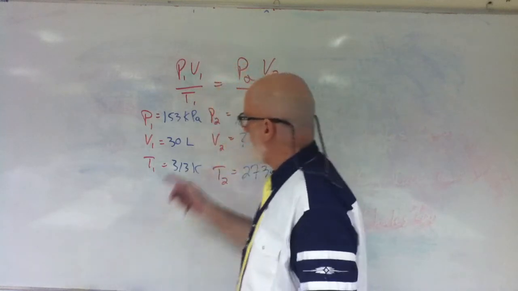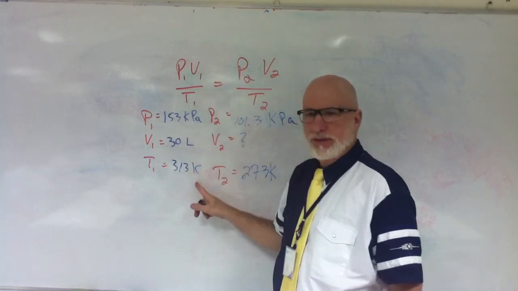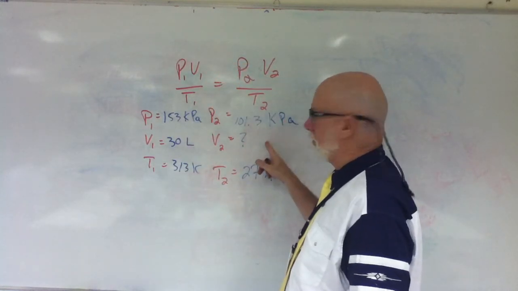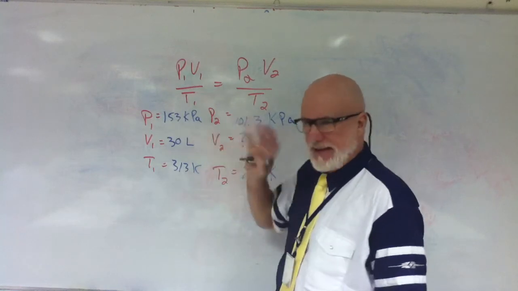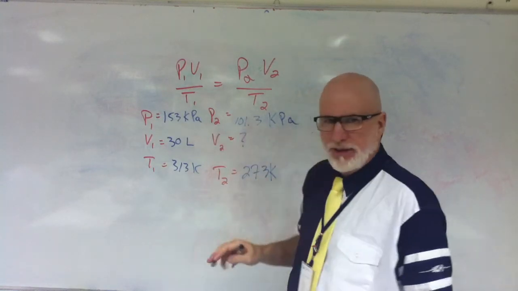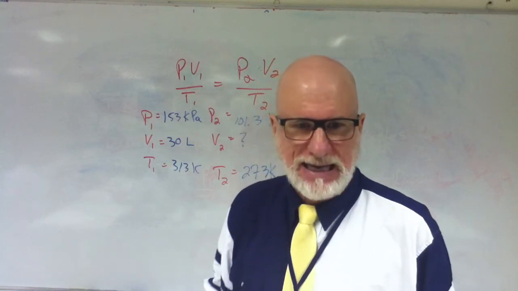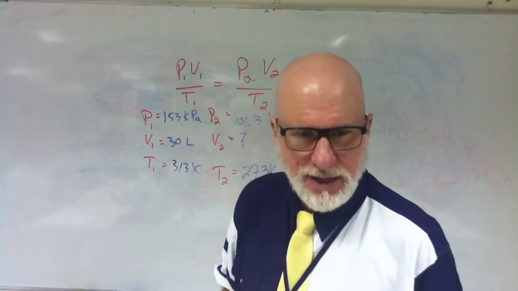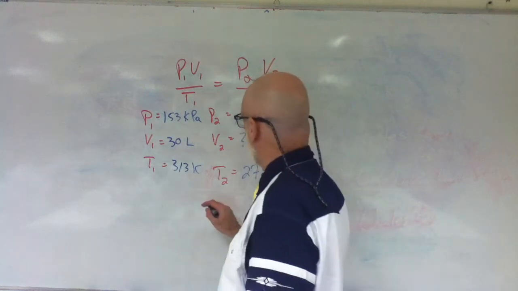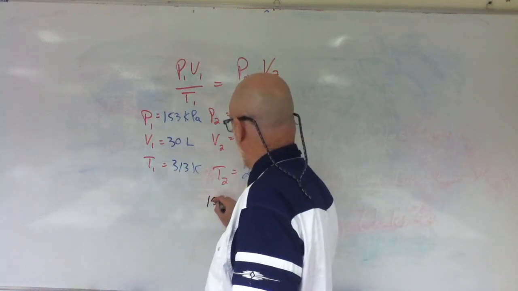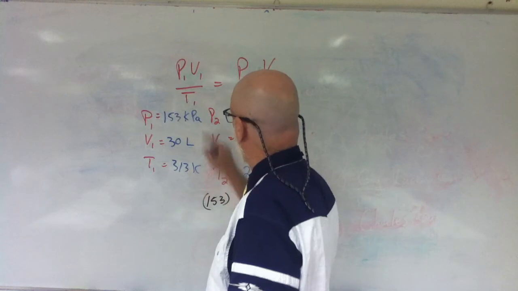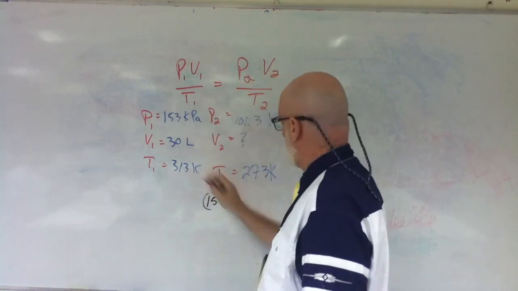We have the units okay. Kilopascals, liters, Kelvin. So we're going to calculate it in liters, and that's okay. And then temperature. Everything's cool, right? So I can just put in numbers. Yusef, is that okay? Excellent. So we're going to say 153 up here. I'm going to say 30.